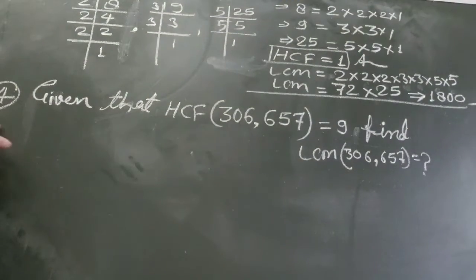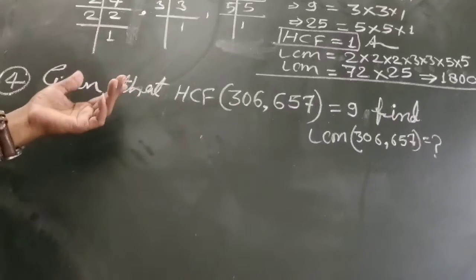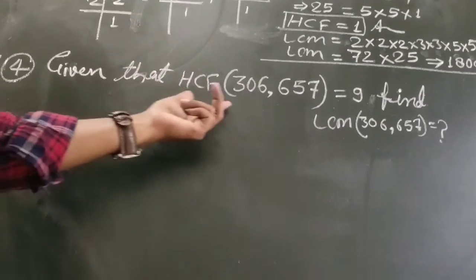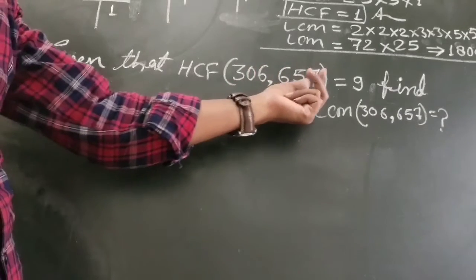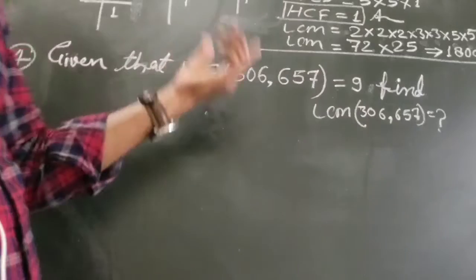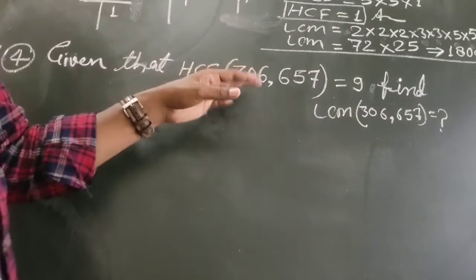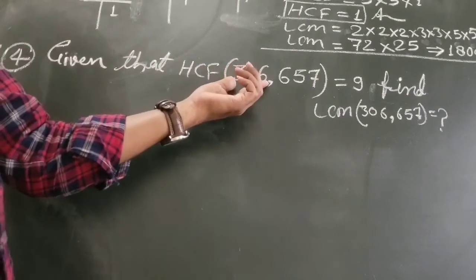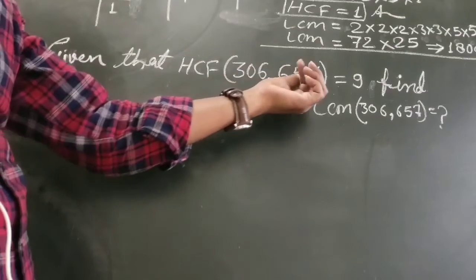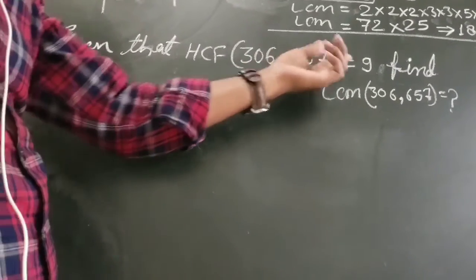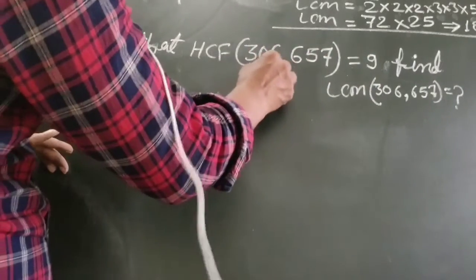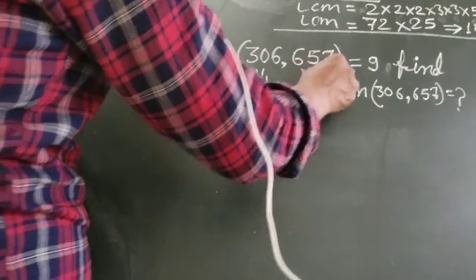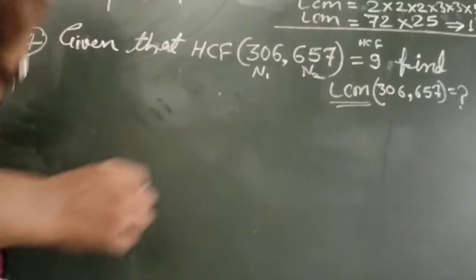Now comes the next question, number 4. Given that the HCF of 306 and 657 equals 9, this means there are two numbers, one is 306 and the second is 657, and the HCF is 9. This is N1, this is N2, and this is the HCF. Find the value of the LCM.